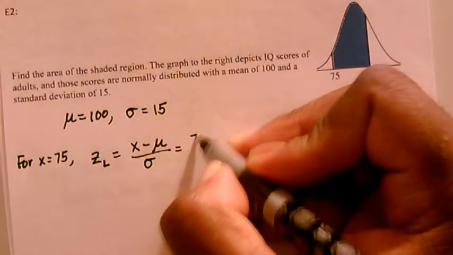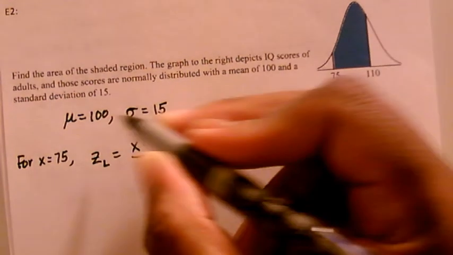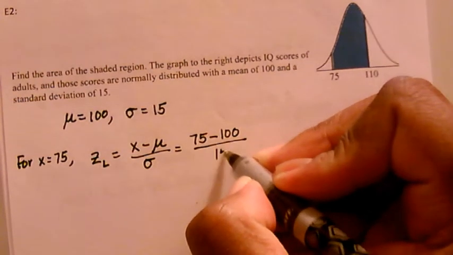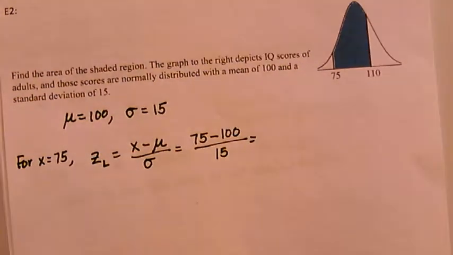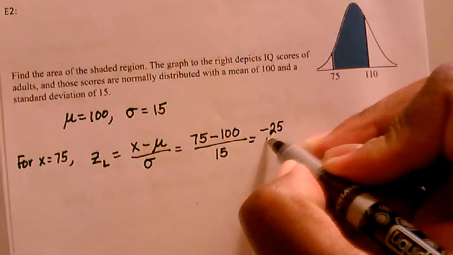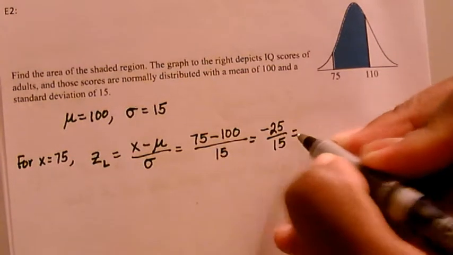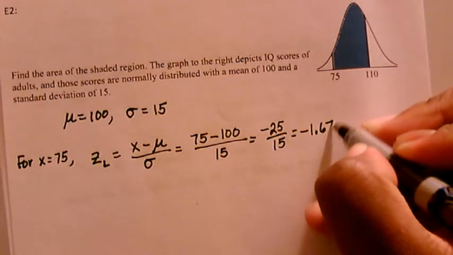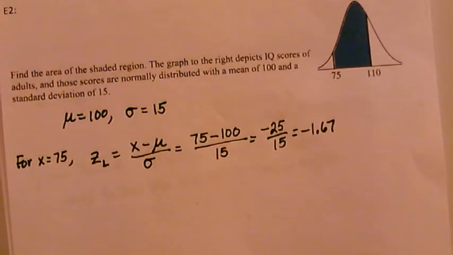That x value is 75 minus your mu, which is 100, divided by sigma, which is 15. Now, 75 minus 100 is negative 25, and negative 25 divided by 15 will give you negative 1.67. So we know the z-score for 75 is negative 1.67.